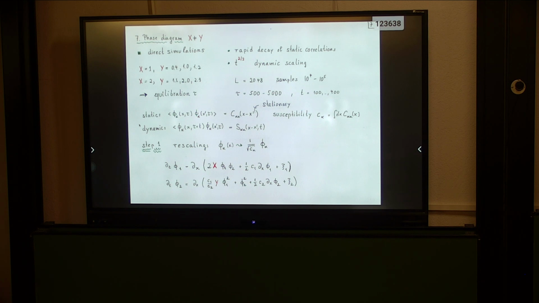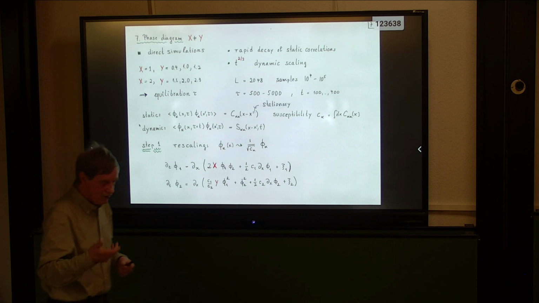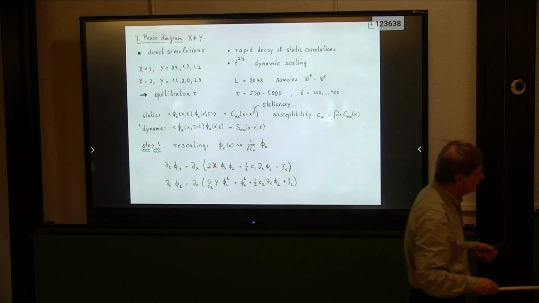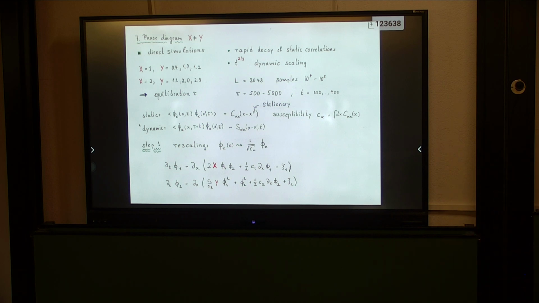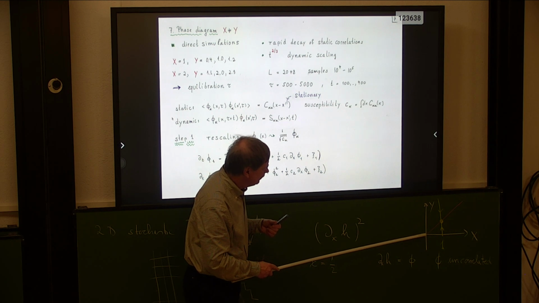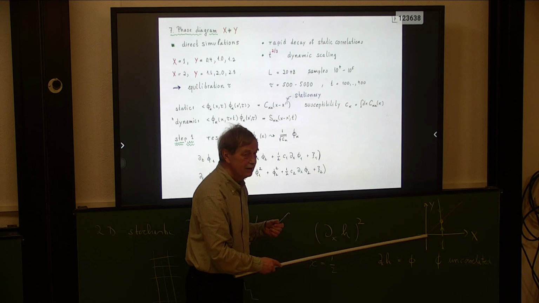And what I find is a new KPZ equation with new coefficients, but with this additional information that the steady state must be white noise. It's not so deep an assertion, and you can prove quite easily that if the steady state is white noise, you must be on this diagonal line.